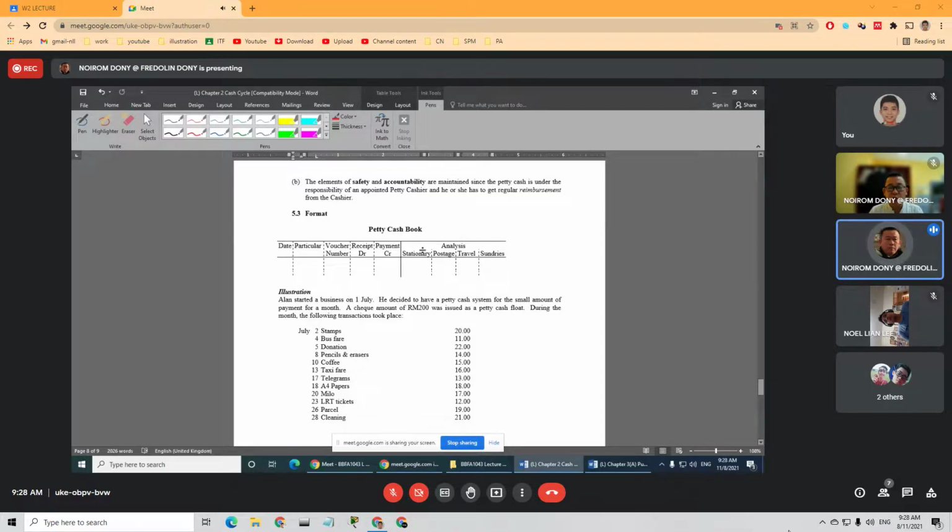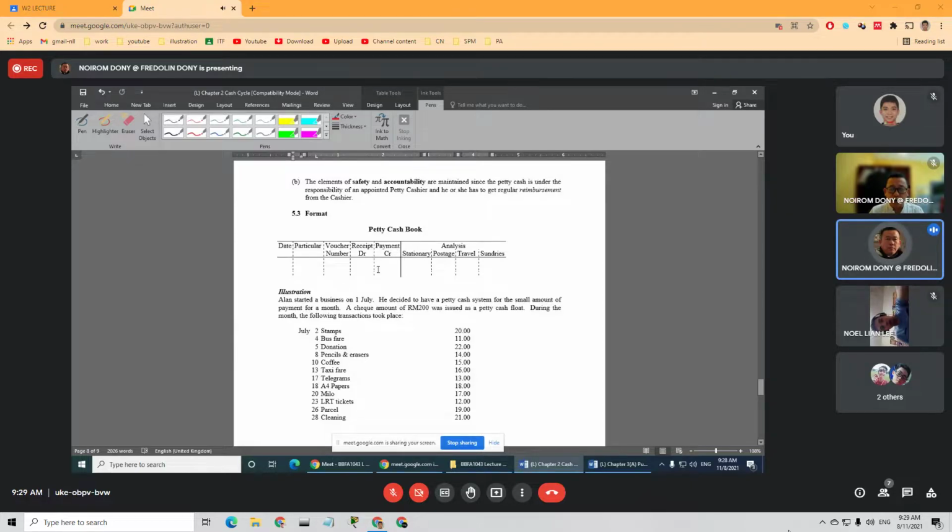These are the normal group of expenses for petty cash flow. So that is anything related with stationery. Stationery means referring to the pen, paper, A4 paper, stapler, anything related with stationery, like rubber, Tipex, liquid paper. All that will be under this column, stationery.